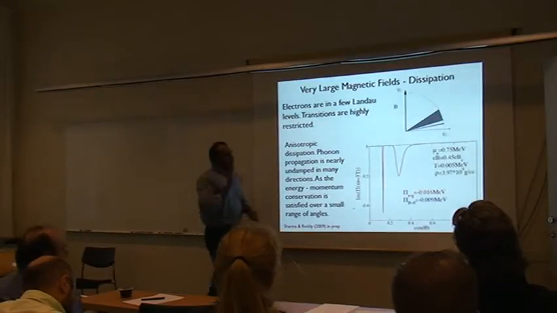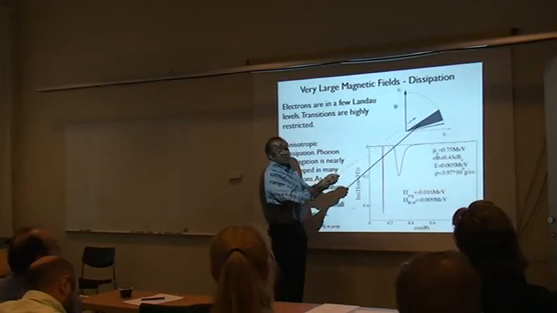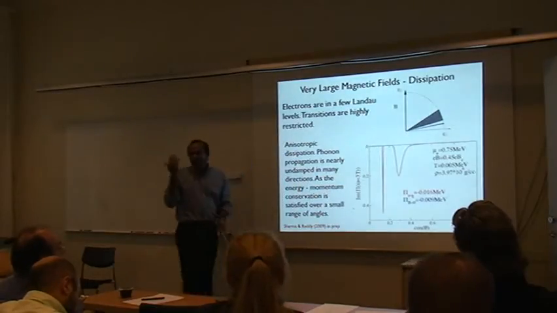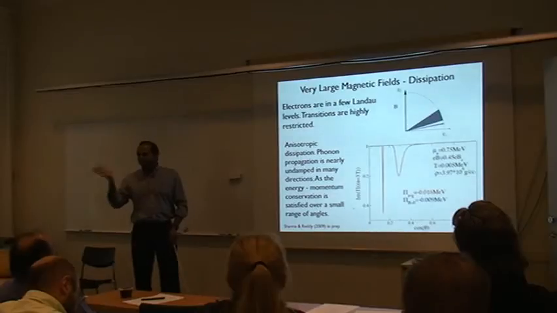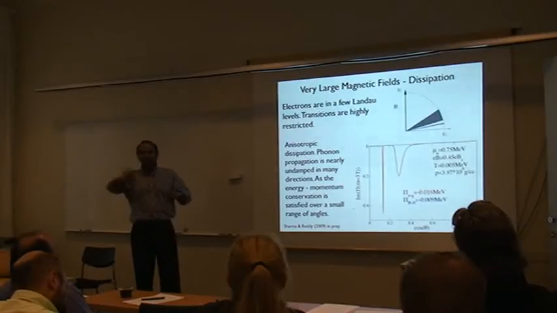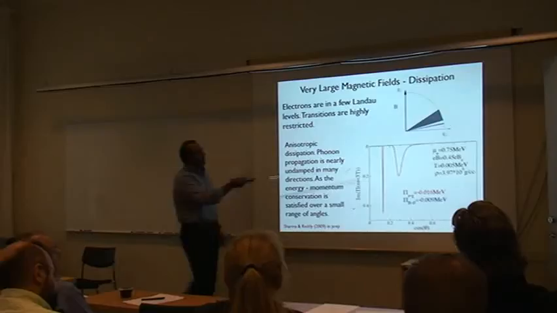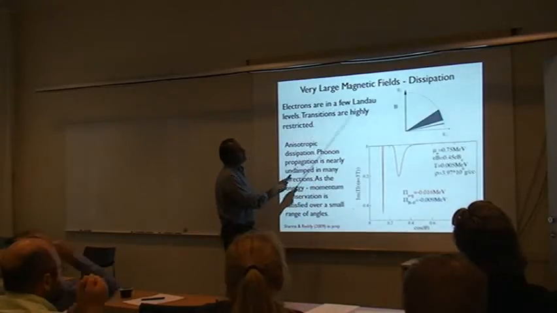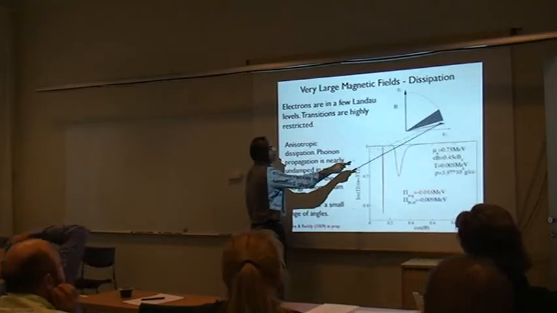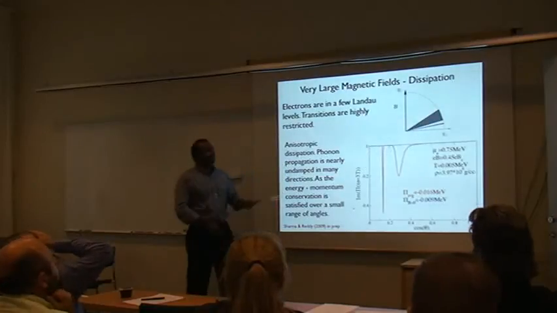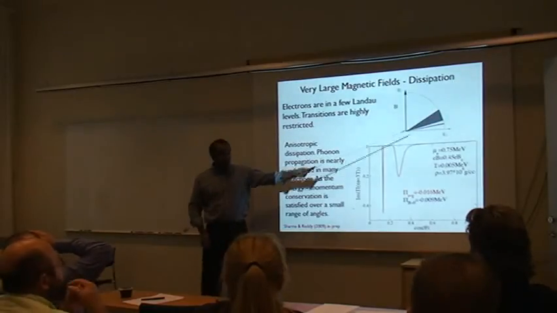That's interesting, because we started out with the fact that phonon propagation would not care about the anisotropy, and they would float easily. But now once you start putting electrons in a few Landau levels, you only have special directions in which there's dissipation, and in other directions there is no dissipation.